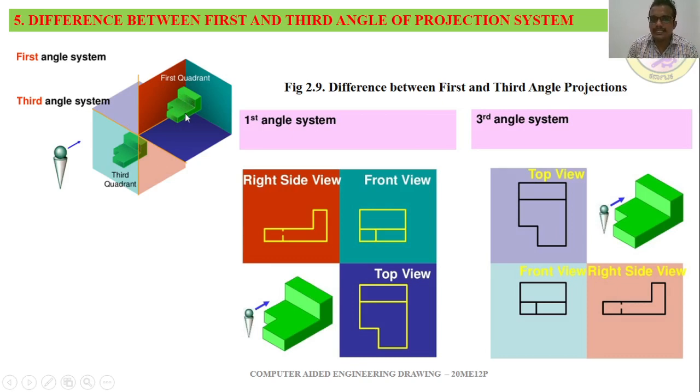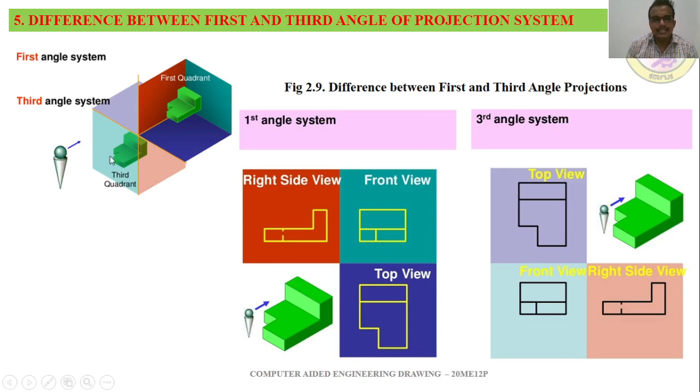In the first quadrant, you can see here it is a vertical plane, this is the horizontal plane, and this is the profile plane, and the observer is looking from this end. Whatever side he is looking from, he will get the view directly. The object is there in between the observer and the plane.